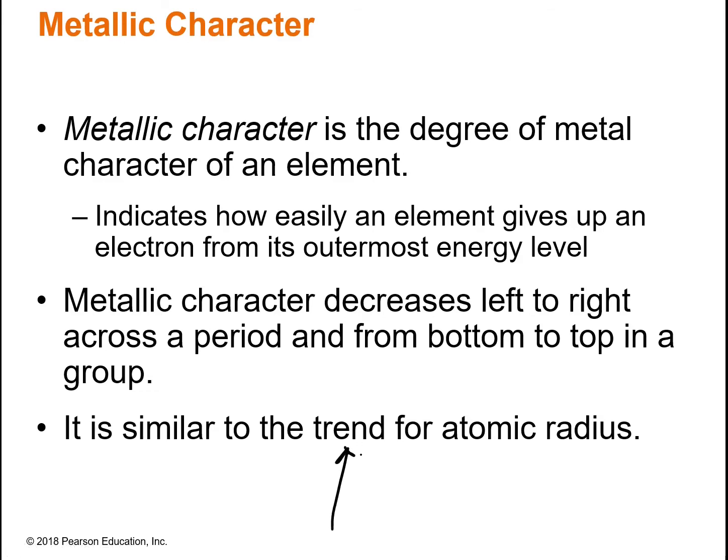As you go up a group and across a period, it will decrease. So elements over here have very little metallic character, which makes sense because on the far right of the periodic table, you have nonmetals.